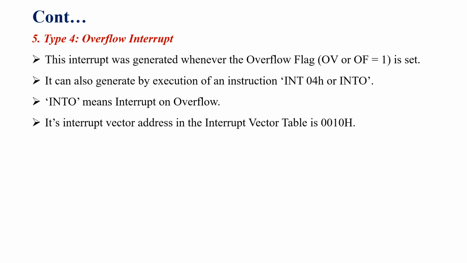INTO means interrupt on overflow. For this interrupt, the vector address is equal to 0010H. Like this, there are 5 dedicated interrupts. For these 5, the interrupt service routines are defined by the manufacturer. Because of that, these are called manufacturer defined interrupts.